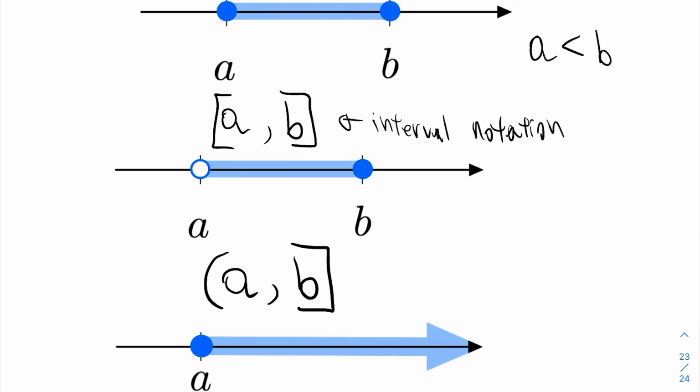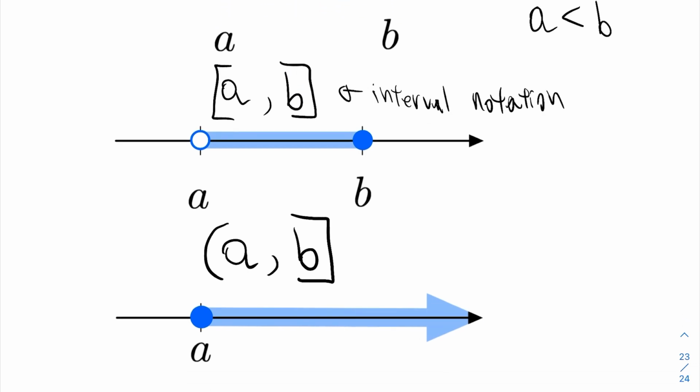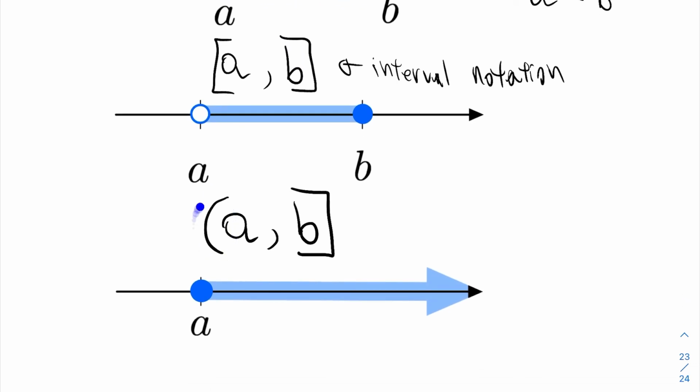So that's the interval of the numbers between A and B, including B but not including A. On the other hand, the one above it is the interval from A to B, every number in between, including both A and B. So you use a parenthesis to show that that endpoint is not included. Use a bracket to show that that endpoint is included.